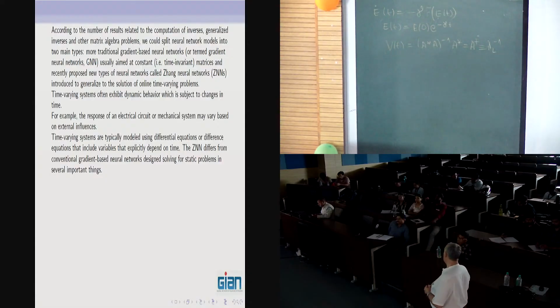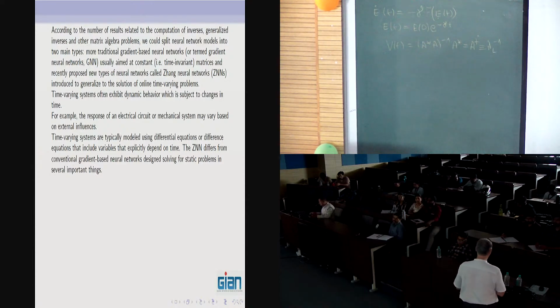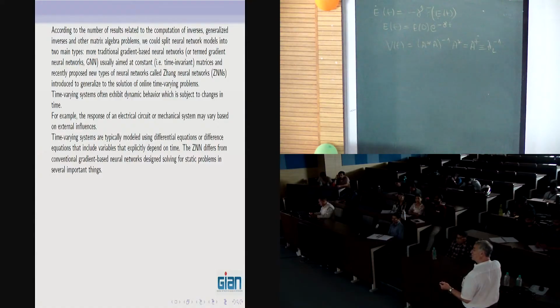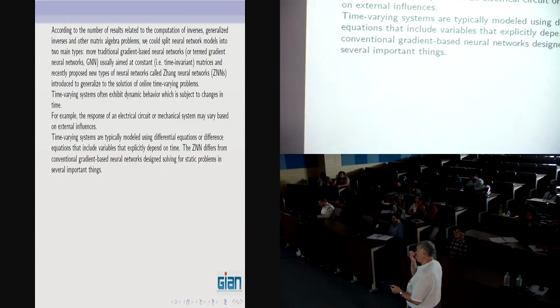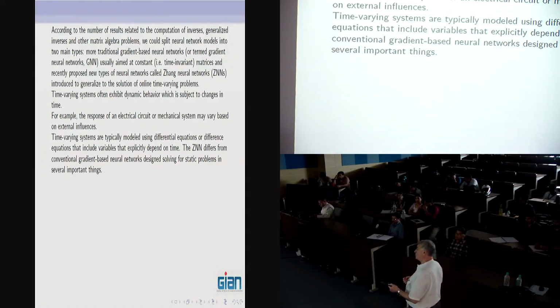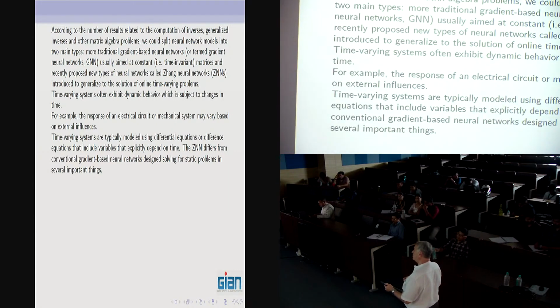Gradient neural networks are aimed at the constant case, the time-invariant case, we will say time independent. Opposite to this, ZNN is aimed at solving time-varying systems. Time-varying systems are systems which exhibit dynamic behavior which is subject to changes in time.